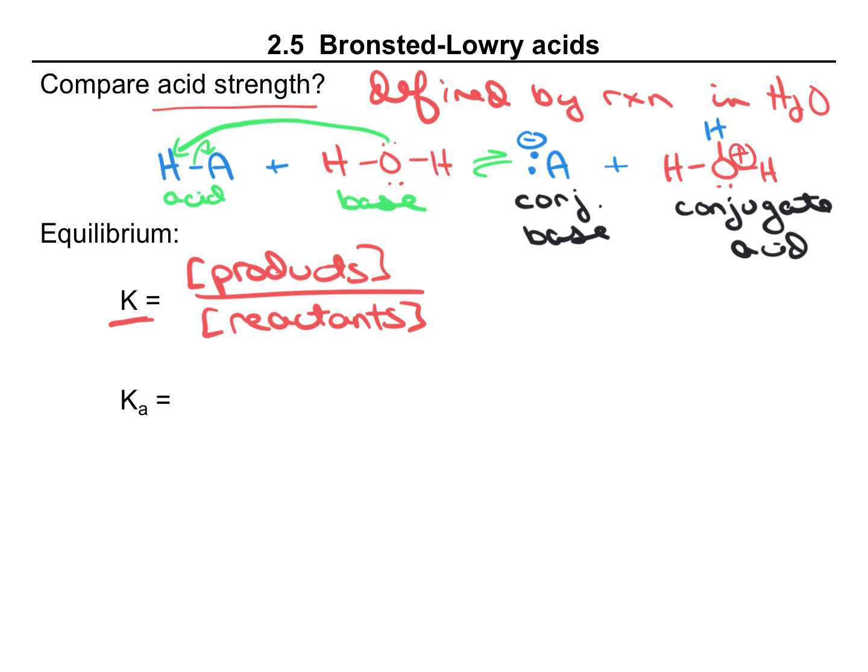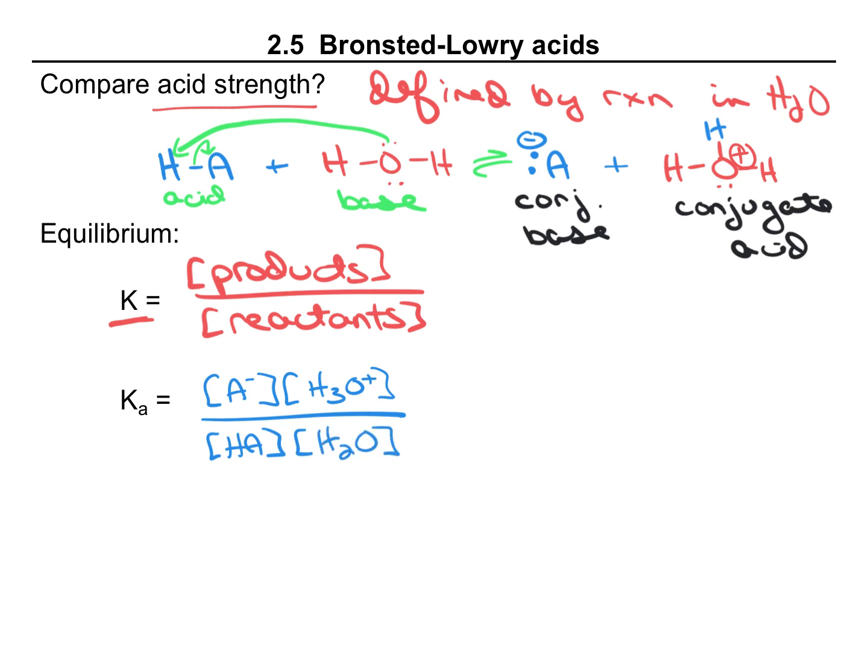And we can think of this as HA dissociating to form H3O plus with water and A minus. So our equilibrium constant Ka is given by the concentration of products, which in this case would be A minus times the concentration of H3O plus, divided by the concentration of reactants. So our reactants are HA times water.